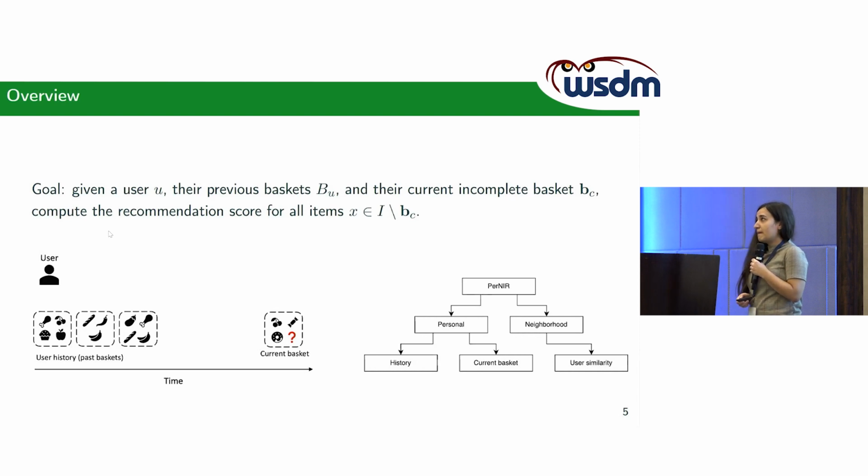The way we do it is that we define PERNIR with two different components: the personal component, and the neighborhood-based component. We divide it into two parts because of the importance of personal history and personal information in grocery shopping. I will continue by going over these components.